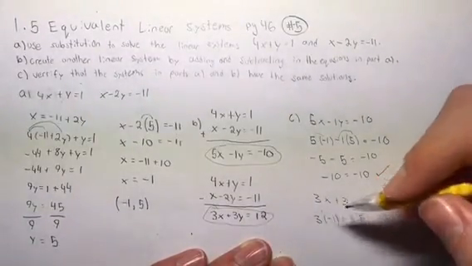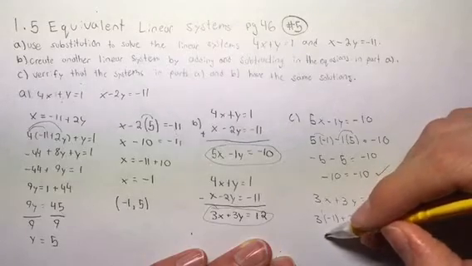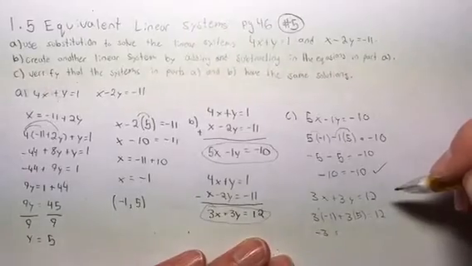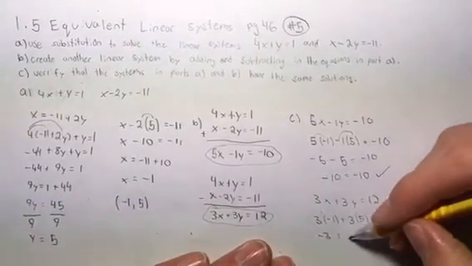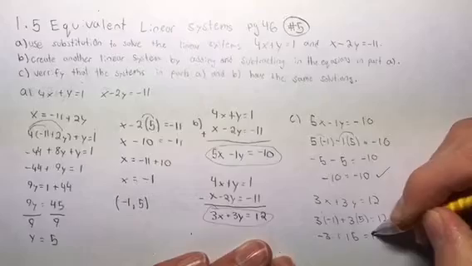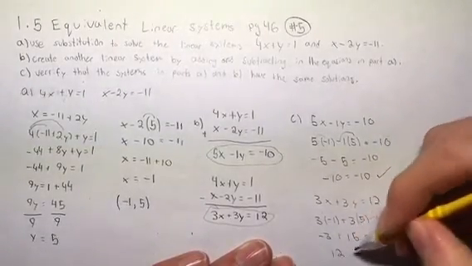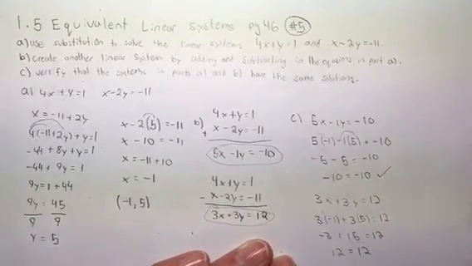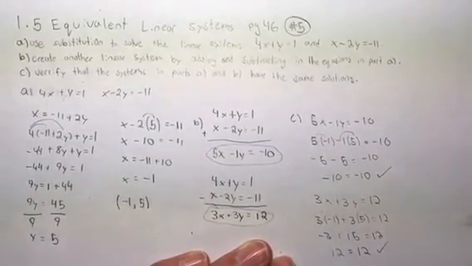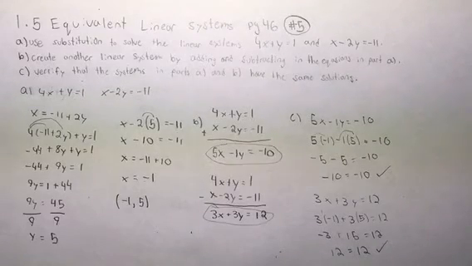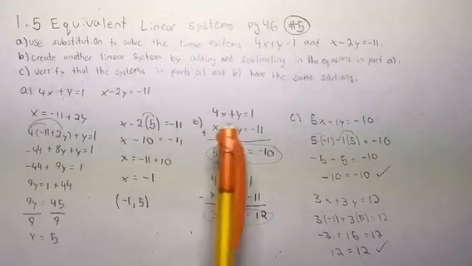So 3 times negative 1 is negative 3, plus 3 times 5 is 15, equals 12. So negative 3 plus 15 equals 12. And since both sides are the same, then we have done everything right. So that is chapter 1.5, Equivalent Linear Systems, page 46, number 5, parts A, B, and C.